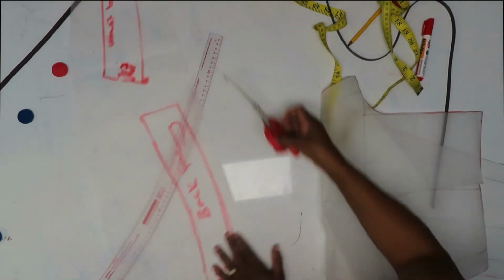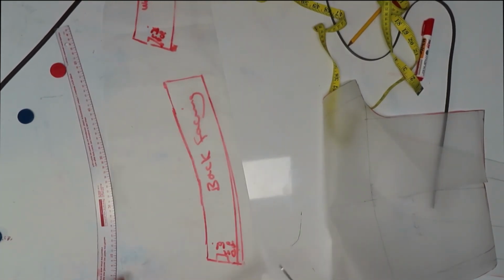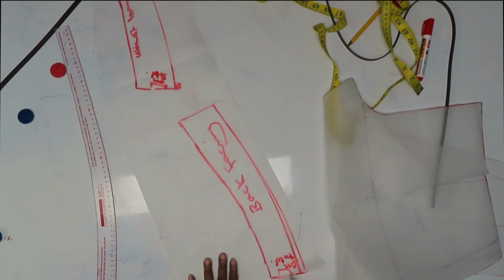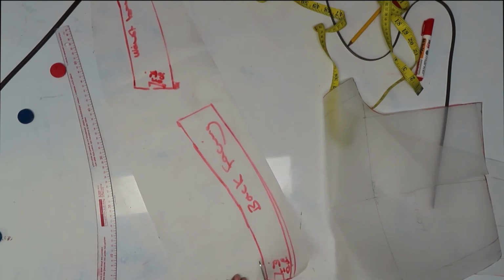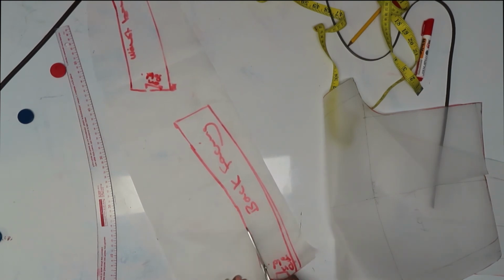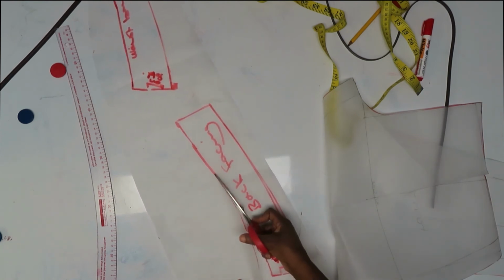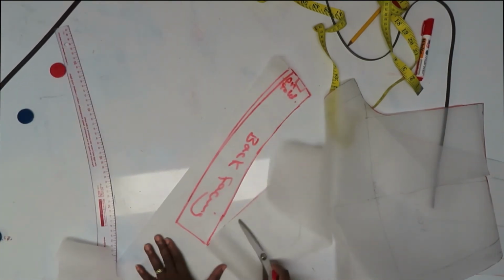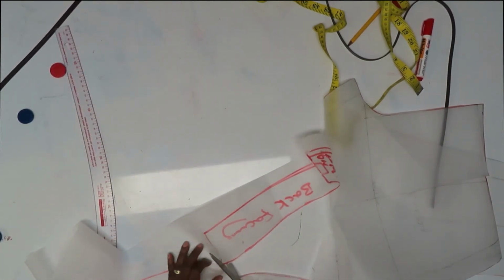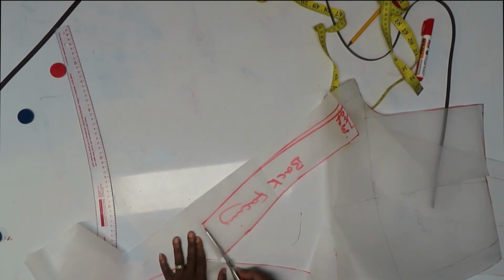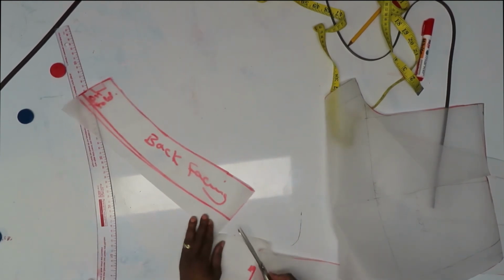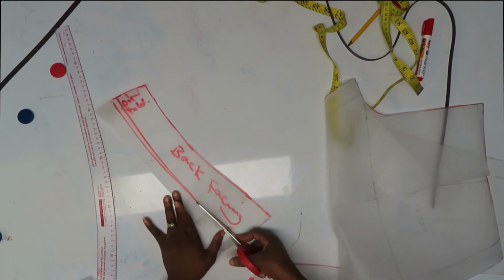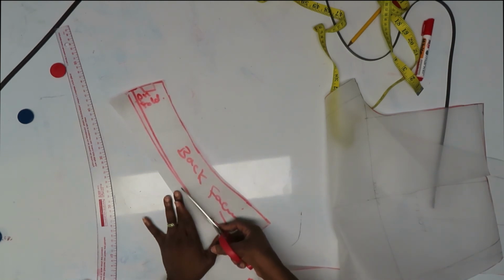Here is my scissors. Let me just cut out my facing. Okay. So if you are making an elastic waistband, you just make it straight, and then all you have to do is put your elastic.